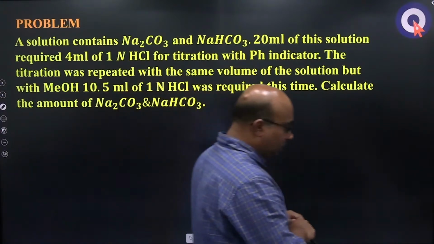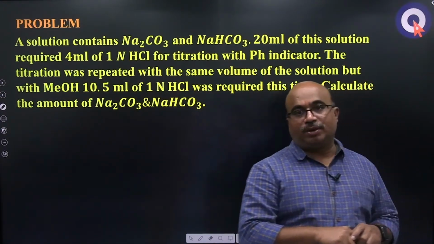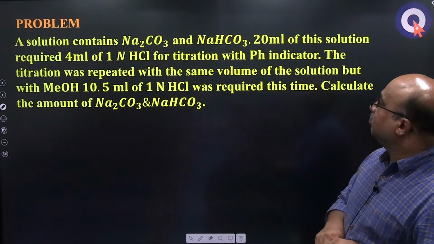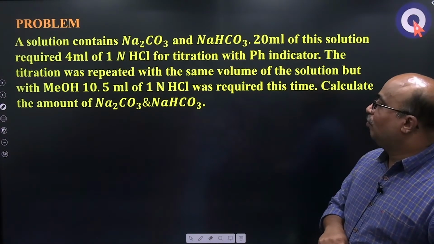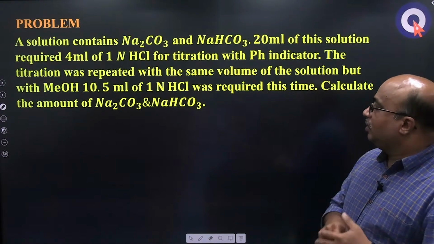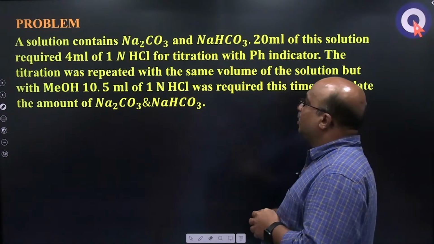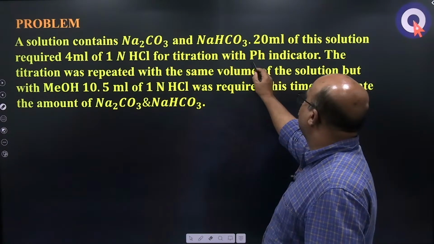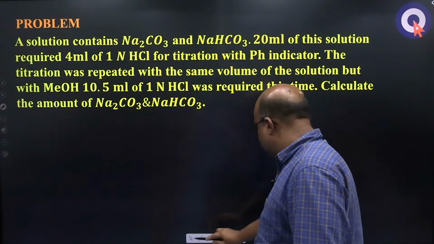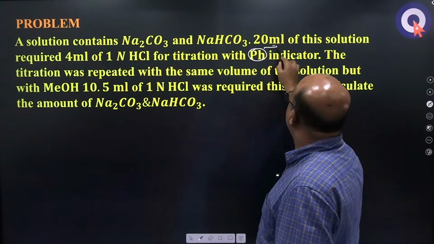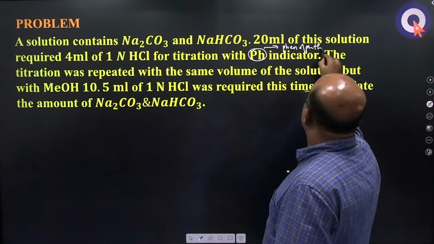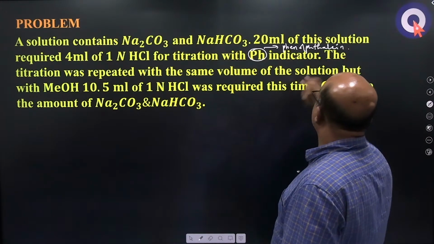Now, there is a solution of sodium carbonate and sodium bicarbonate. 20 ml of this solution requires 4 ml of 1 N HCl for the titration with pH indicator. So it's phenolphthalein indicator.